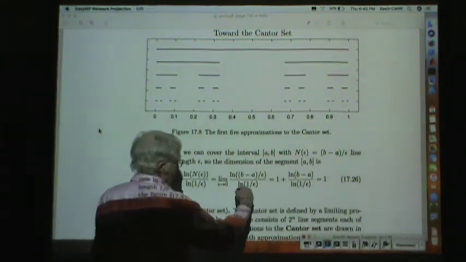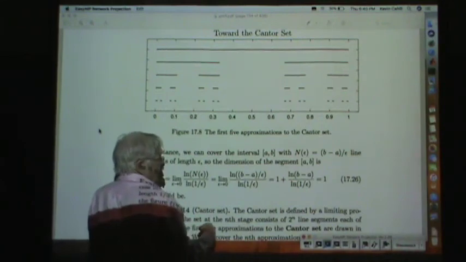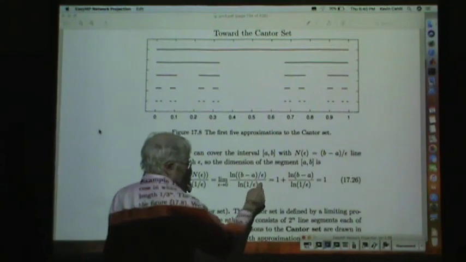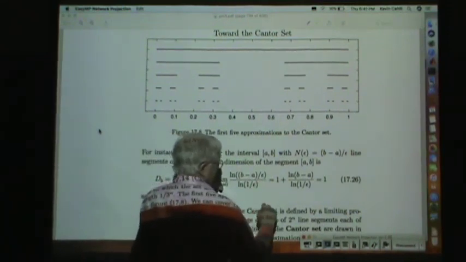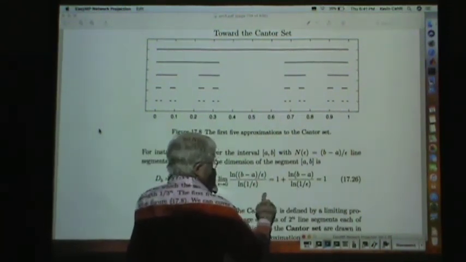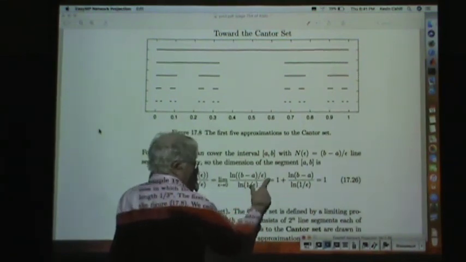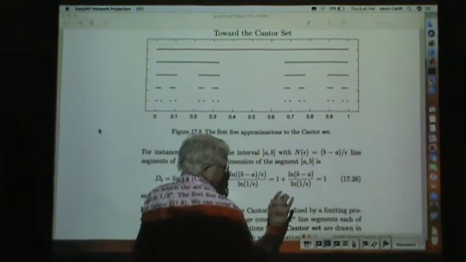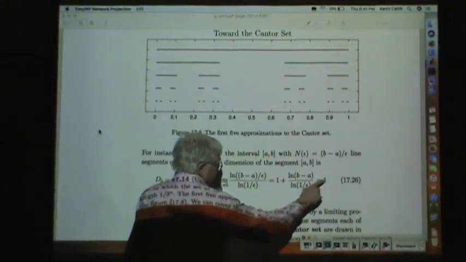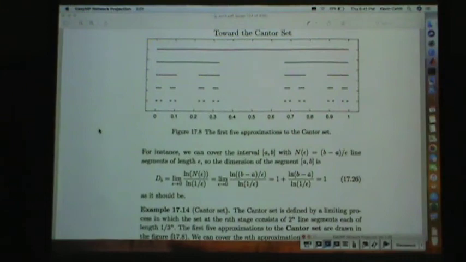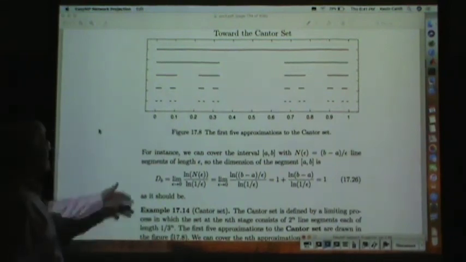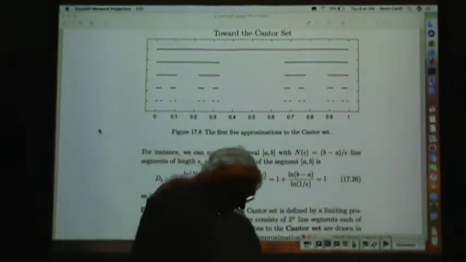Working out what the log is, this is log of (b minus a) minus the log of epsilon, and the logs of epsilon cancel, and then you just have this. As epsilon goes to 0, this goes to 0, and this goes to 1. So the dimension of the interval from a to b is, of course, 1. It's one-dimensional.